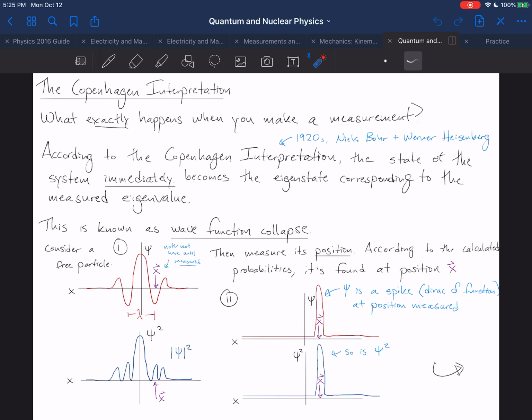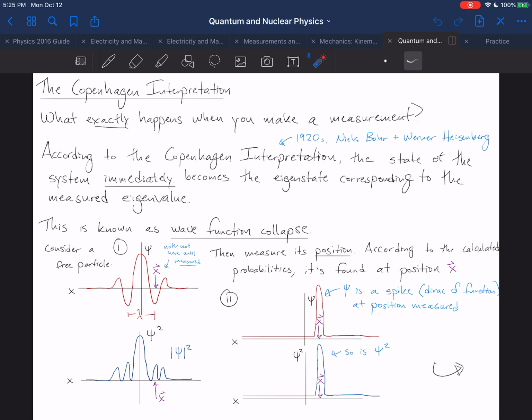It is not perhaps my favorite for a variety of reasons, but it is one you need to understand pretty well in order to understand the history of quantum mechanics, among other things. It is the classic interpretation, the one people will assume unless otherwise specified, and it has to do with what exactly we say happens when you make a measurement.